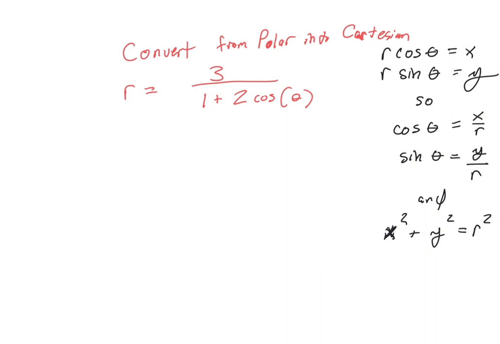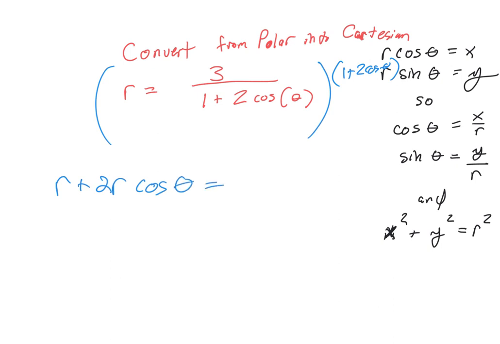Actually, first things first, I'm going to get rid of my fractions. I'm not a big fan of fractions, if I can at all get rid of them. So I'm going to multiply everything by the denominator, 1 plus 2 cosine of theta. So on the left, I will have r plus 2r cosine of theta equals 3.